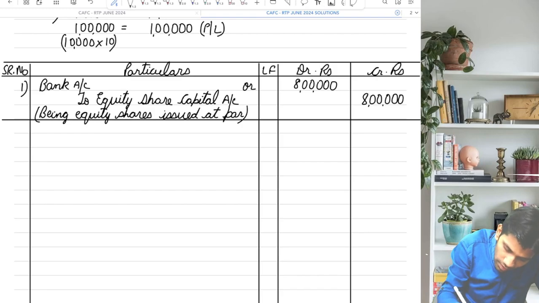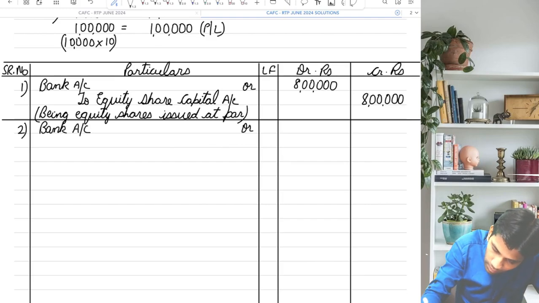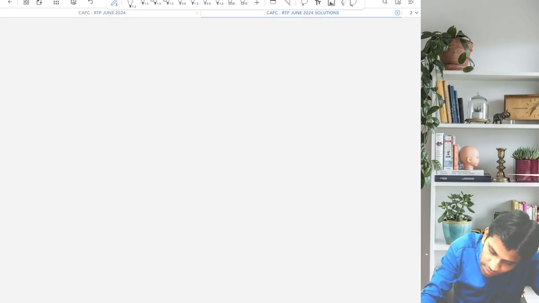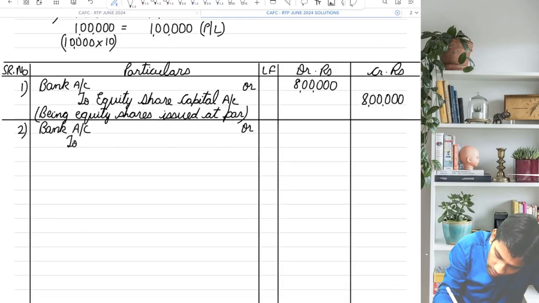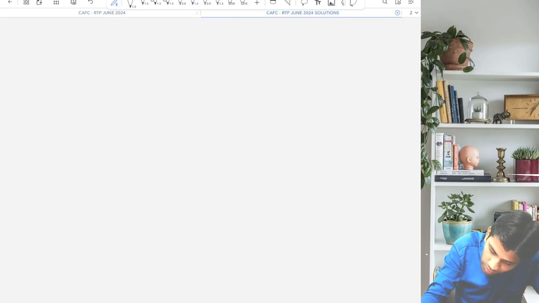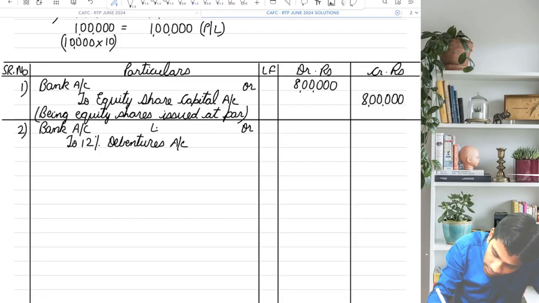Next, the company has issued debentures also. So I'll say bank account debit. Let me check the percentage of debentures. 12% debentures. 4,000 into 100. Always keep this habit of writing in the brackets.